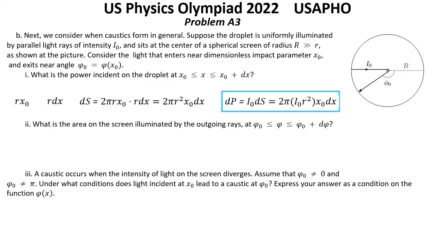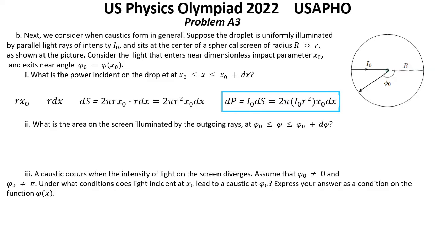Second, what is the area on the screen illuminated by the outgoing rays at φ0 less than or equal to φ, and φ less than or equal to φ0 plus dφ? Solution.